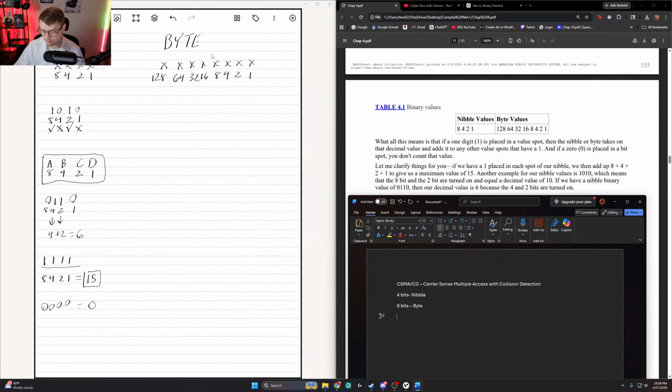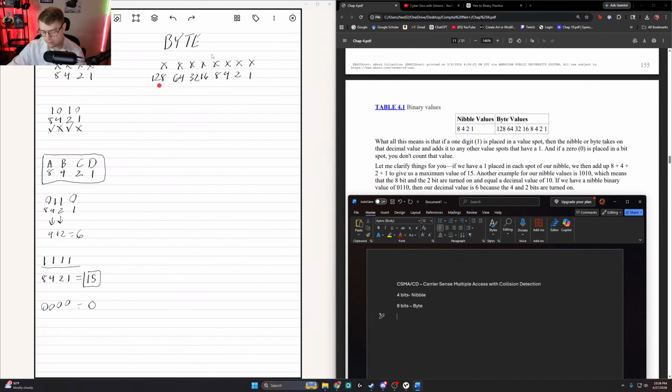We can see over here, that's our nibble, right? Well, a byte has 8 values. So we just come up to 128.